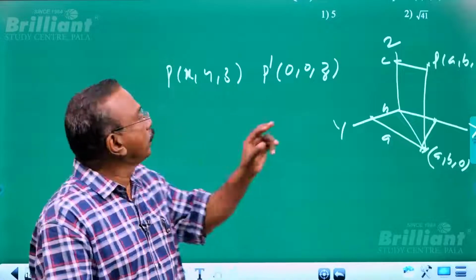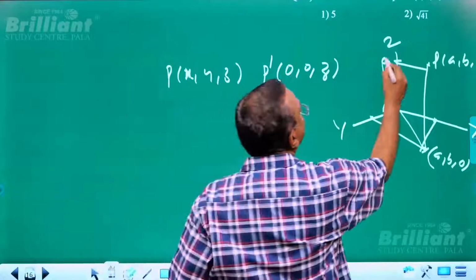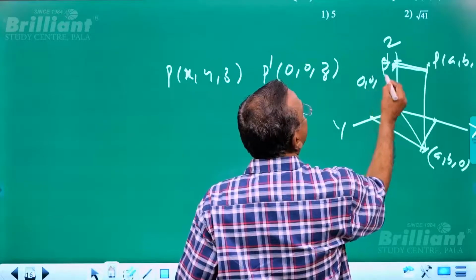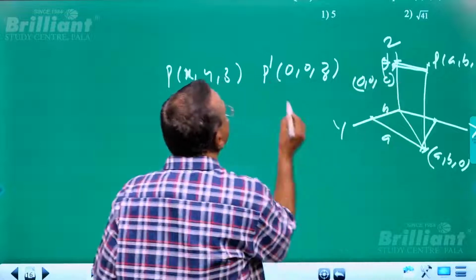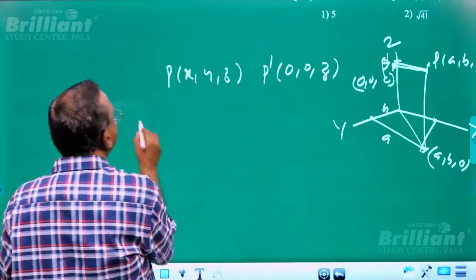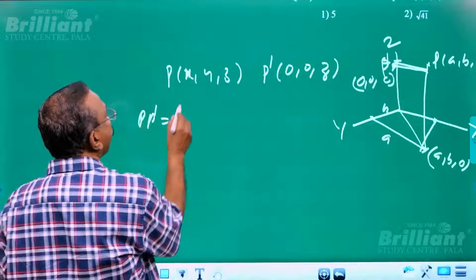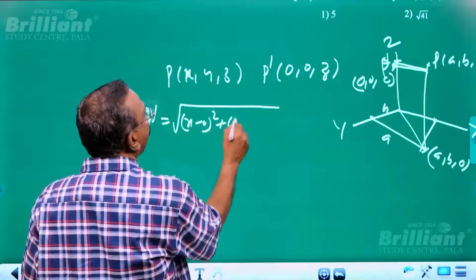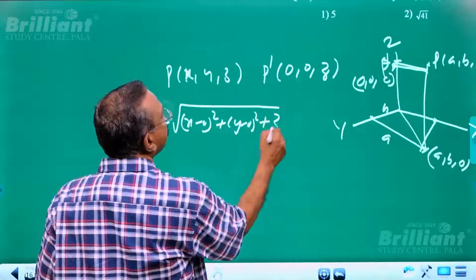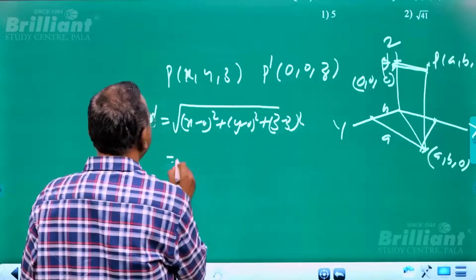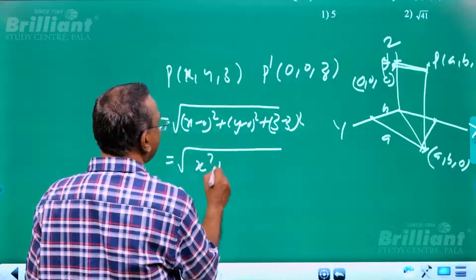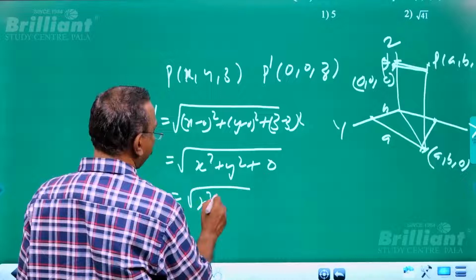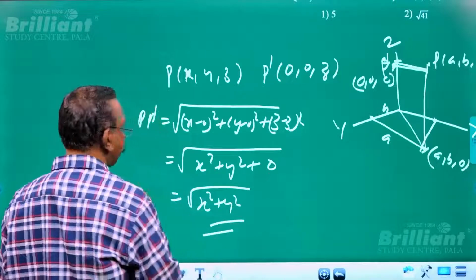I mark this P dash, this is for P. So this foot is exactly 0, 0, comma, here it is Z. So as per this expression, P P dash is the distance, that is the square root of x minus 0 the whole square plus y minus 0 the whole square plus z minus z the whole square. So it is equal to x square plus y square plus 0. So root of x square plus y square is the answer corresponding to the distance.